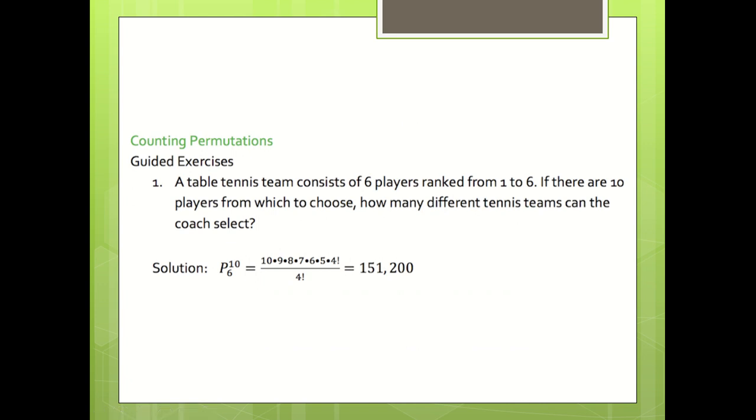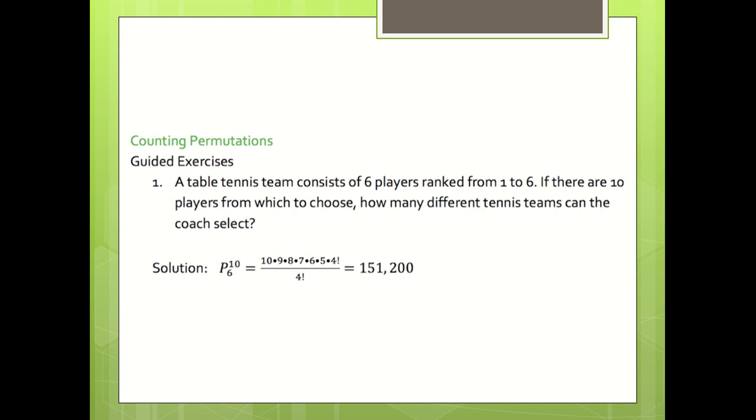Your clue here is that in a particular problem, there should be a word or a group of words that suggests a particular order. An example would be: a table tennis team consists of 6 players ranked from 1 to 6. If there are 10 players from which to choose, how many different tennis teams can the coach select?